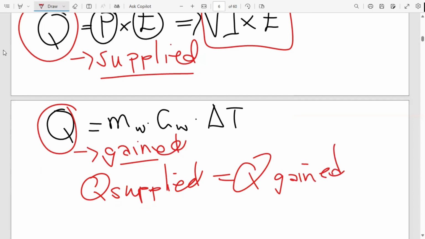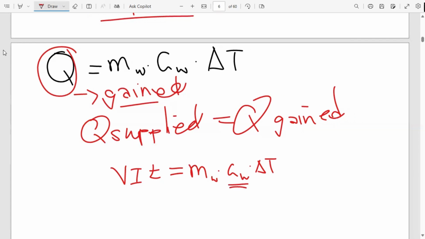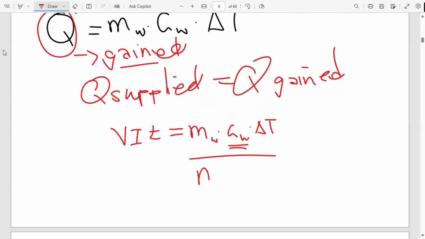So VI multiplied by T, or VIT, which is the thermal energy supplied, should be equal to M multiplied by C multiplied by the change in temperature. So the overall formula for calculating the specific heat capacity: divide both sides by the mass of water multiplied by the change in temperature.